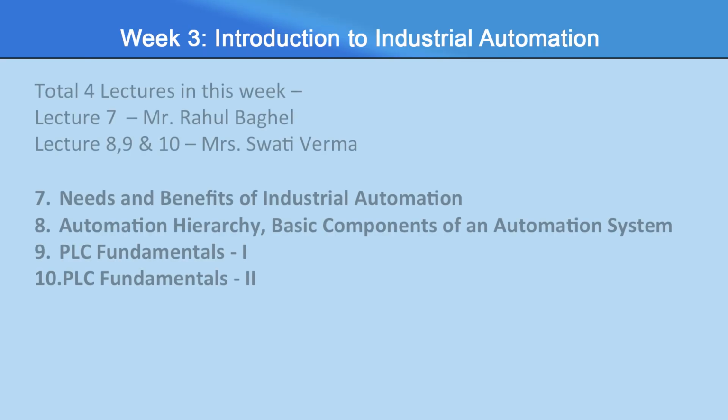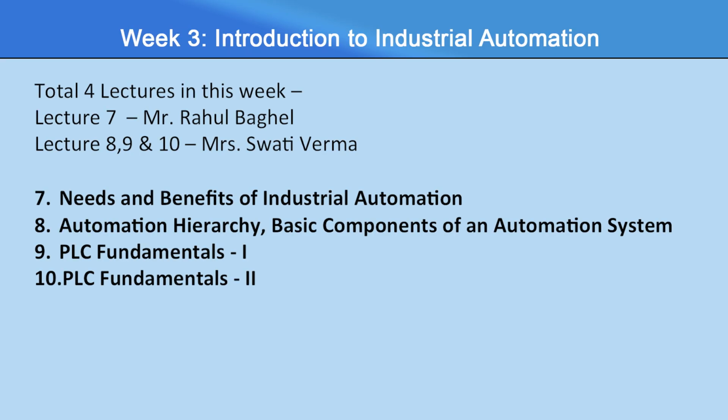critical in industrial environments. In the third week, based on the introduction of industrial automation, in this week a total of 4 lectures are there. Lecture number 7 is based on needs and benefits of industrial automation. Lecture number 8 is automation hierarchy and basic components of an automation system.